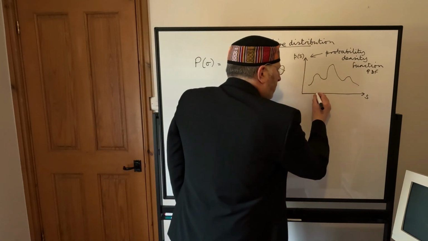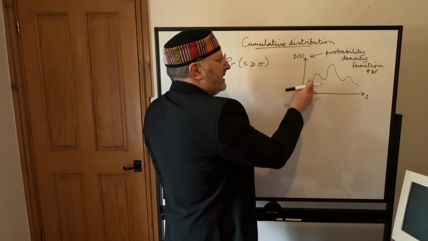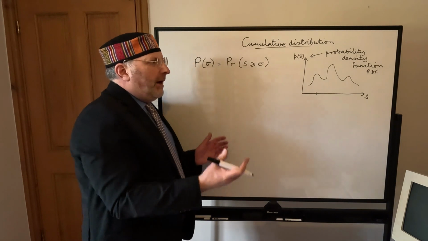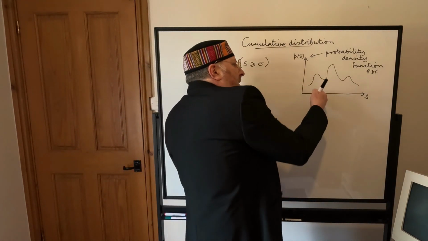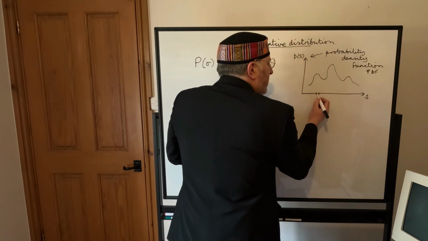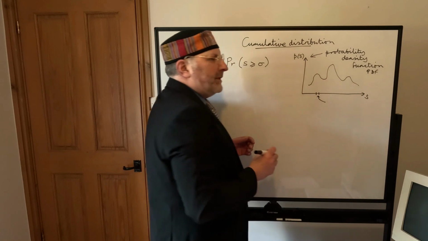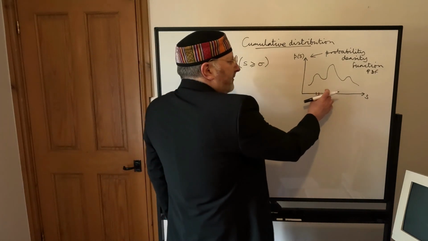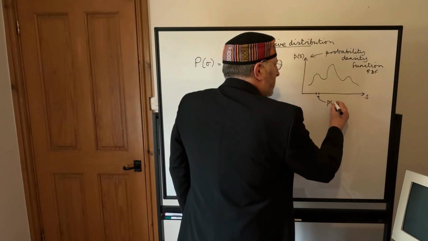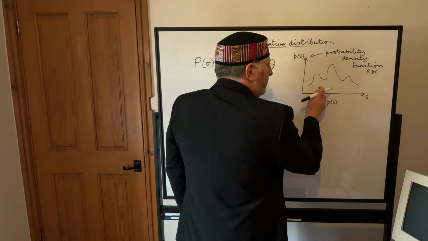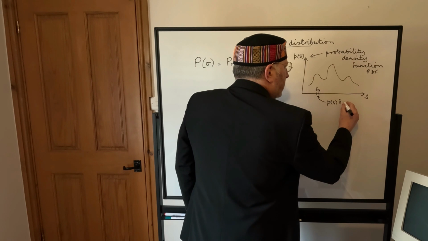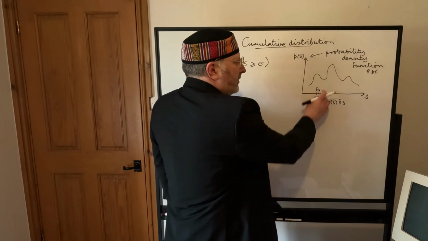So we can't talk about the probability at a particular point, because a point is just one among an infinite number of points and has probability 1 in infinity, 0, of landing on it. But we can talk about the probability of landing within a particular region here, a particular range of sizes. So that is the P of S times this range, which I'll write as little delta s, a range of sizes.